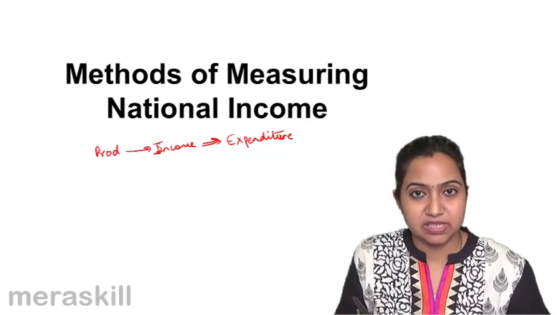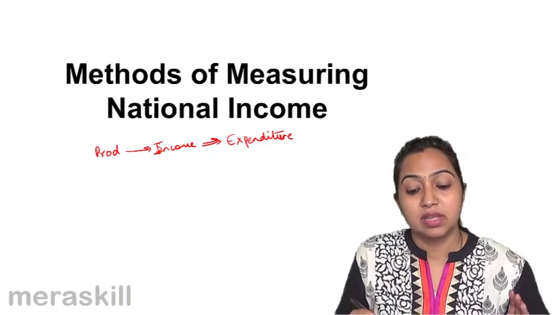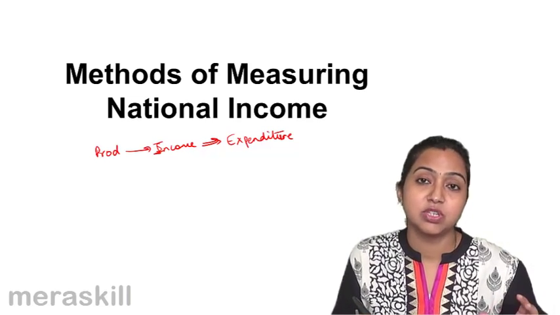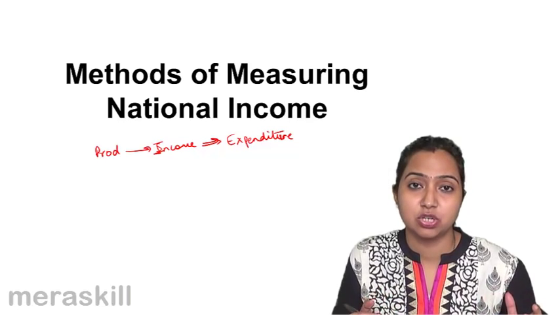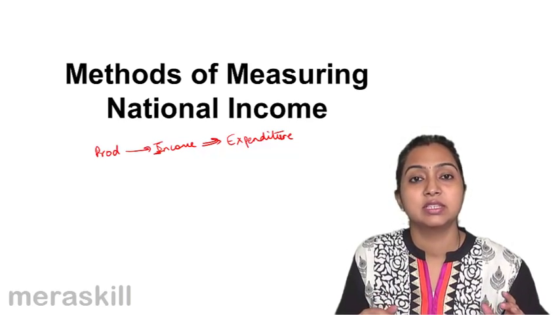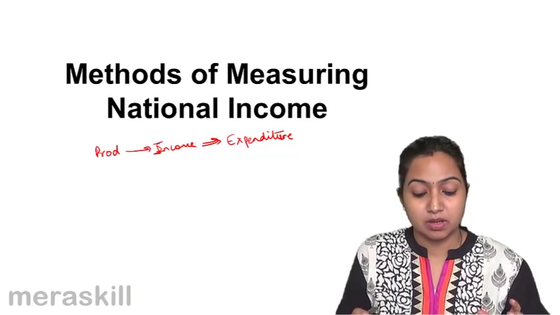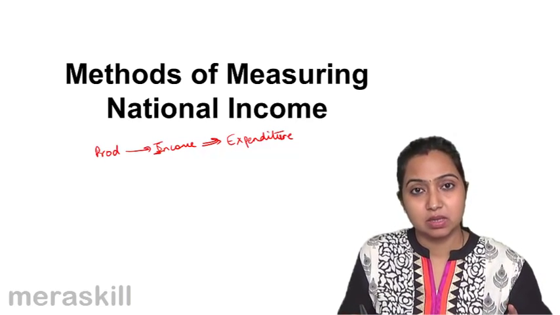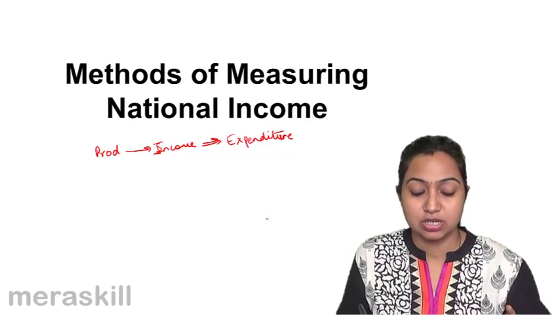Production of goods and services leads to income generation, and income generation leads to further expenditure on goods and services. All this is a continuous process. With the help of this, we can calculate national income.